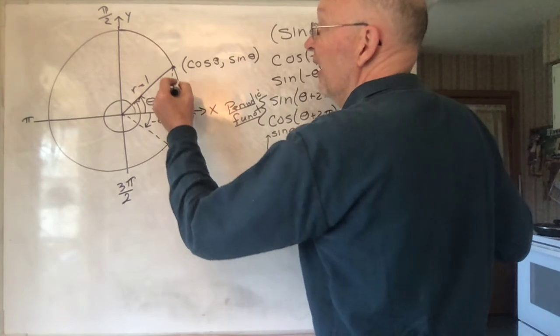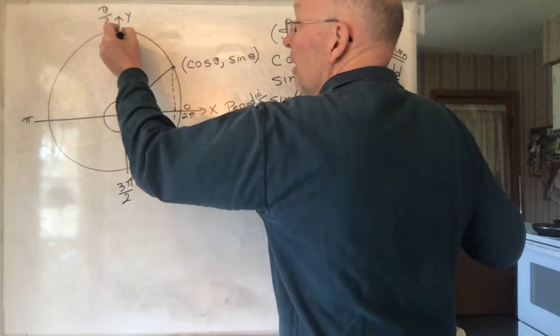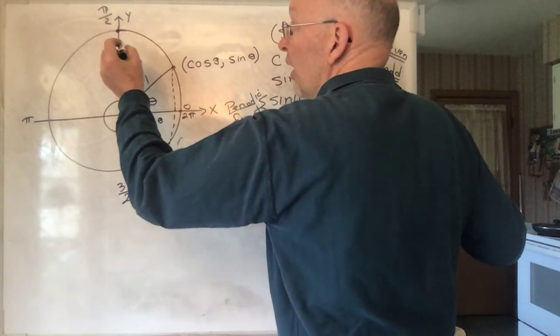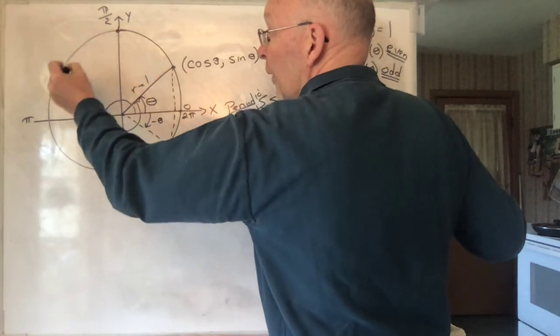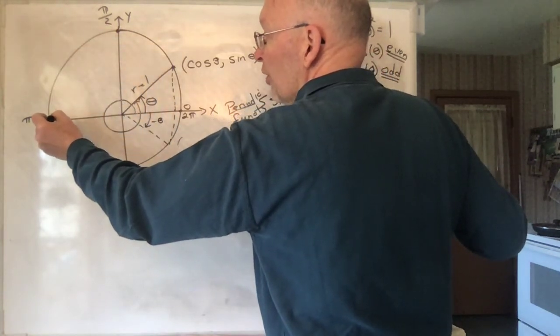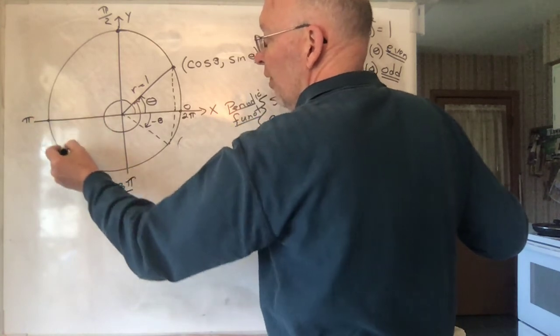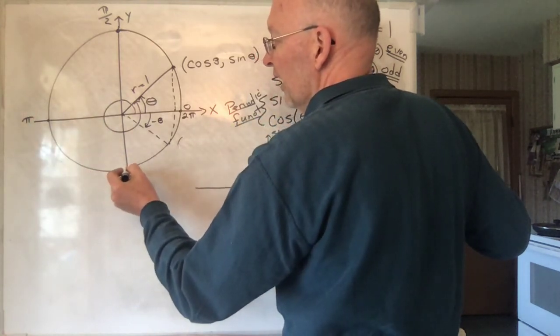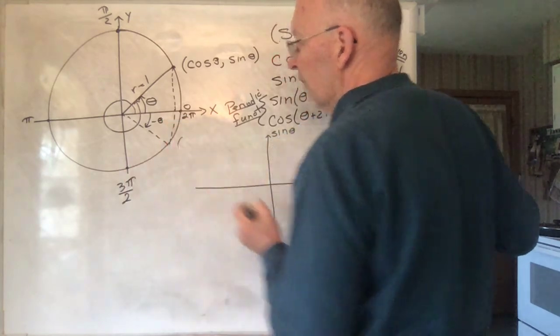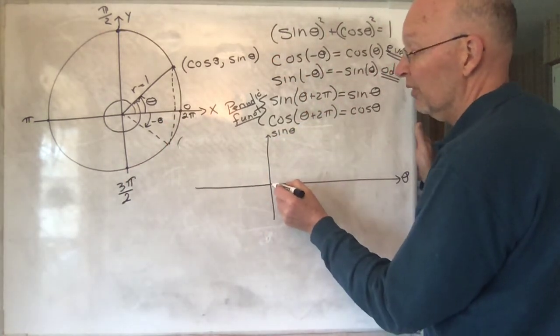By the time theta gets to be pi over 2, the y-coordinate of this point is 1. By the time you go all the way around to pi, the y-coordinate is back to 0 again. The y-coordinate of this point is -1, and finally the y-coordinate of this point is 0. So what did we say it does?